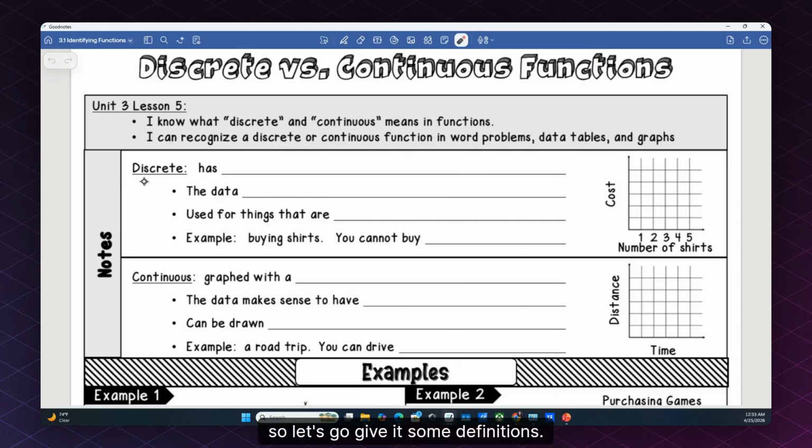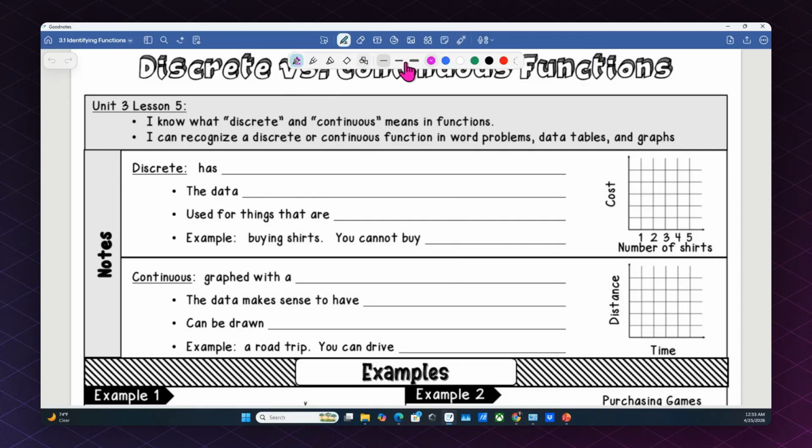Alrighty, so let's give it some definitions. Discrete is going to be something that has individual points of data, and the data would not make sense connected.